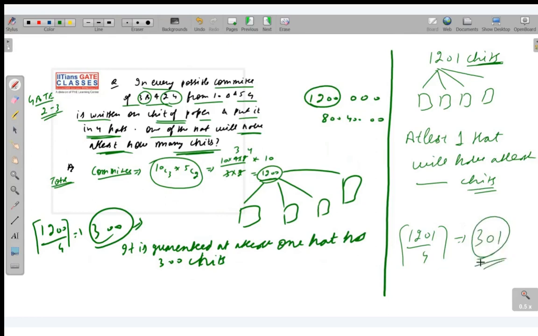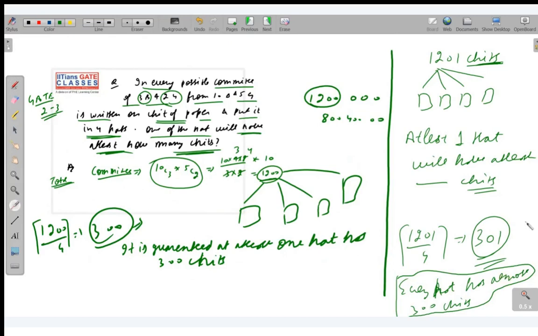If you want to contradict my answer, that 301 is not the answer, you are indirectly saying that every head has at most 300 chits. If every head has at most 300 chits, you will be able to cover only 1200 chits.